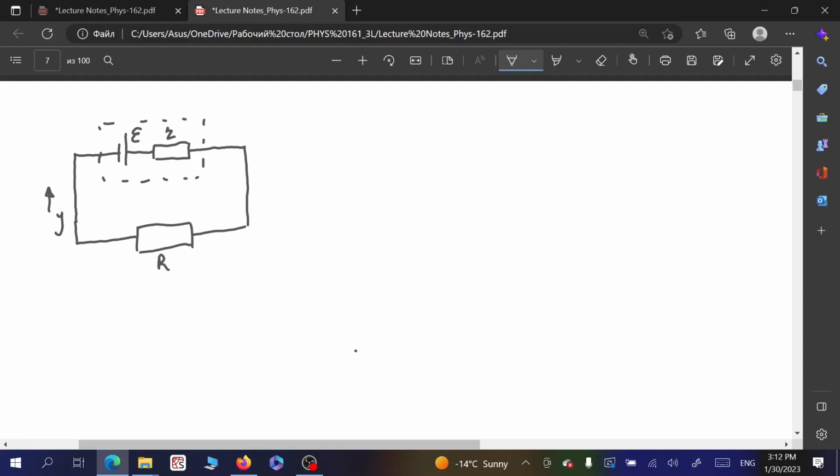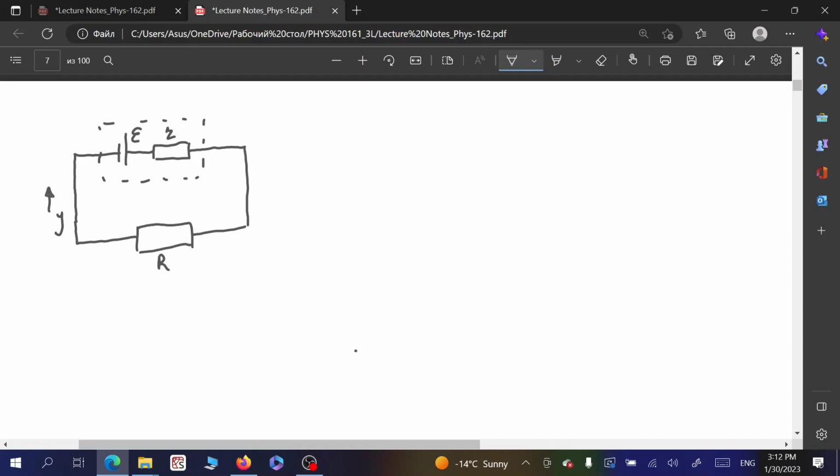However, during this process, it still has to go through the material of the battery. It interacts and scatters on the crystalline lattice of these materials and dissipates some part of its energy. And that will be proportional to the internal resistance of the battery.